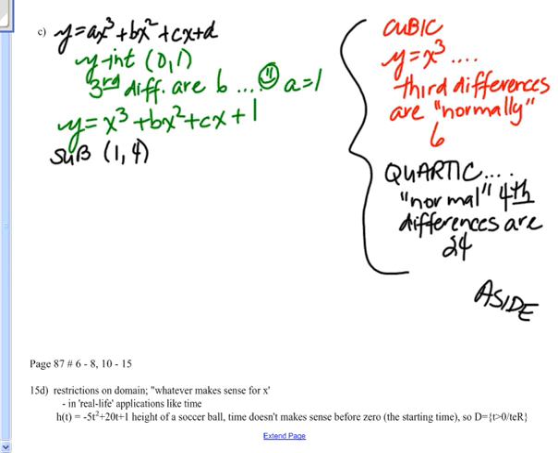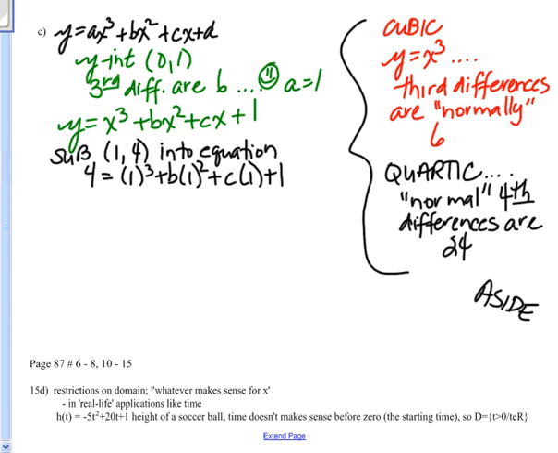So I'm going to substitute that point into my equation. Just going to tidy that up a little bit. 4 equals 1 plus b plus c plus 1. 2 equals b plus c once I get rid of both of my 1's.